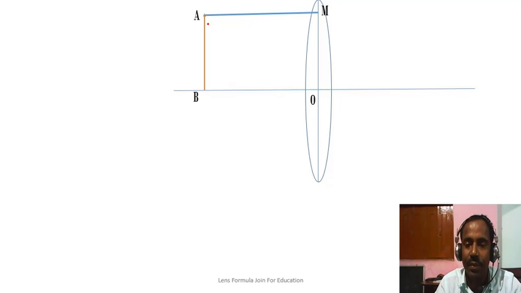A ray AM, parallel to the principal axis of the convex lens, is incident at M. After refraction, it will pass through the main focus of the convex lens.